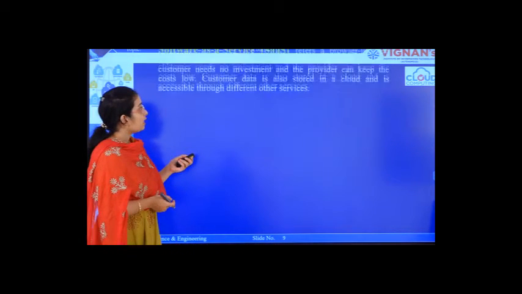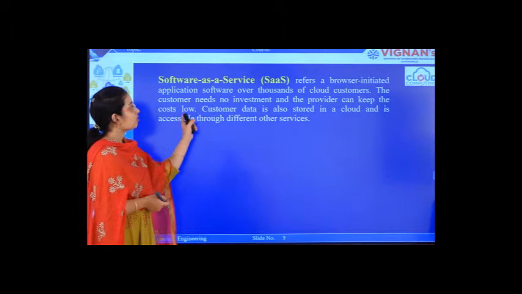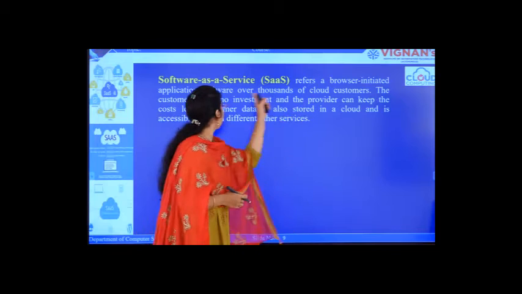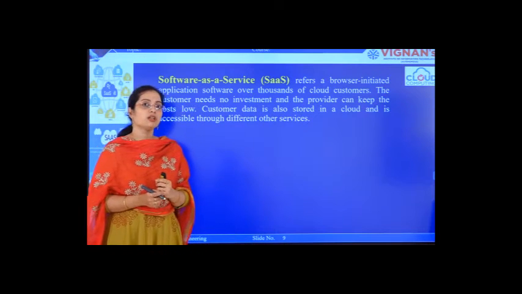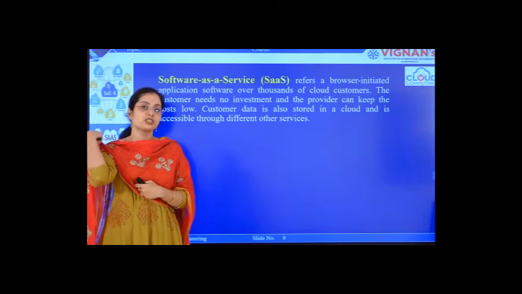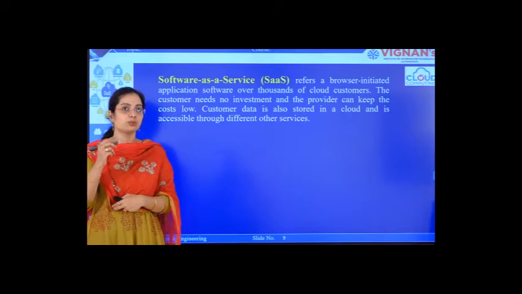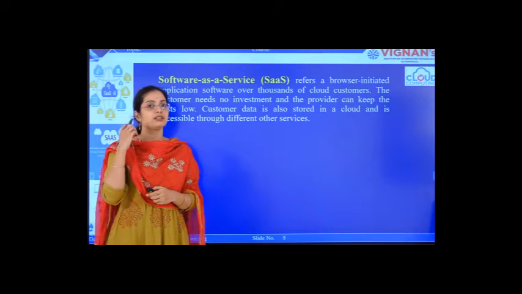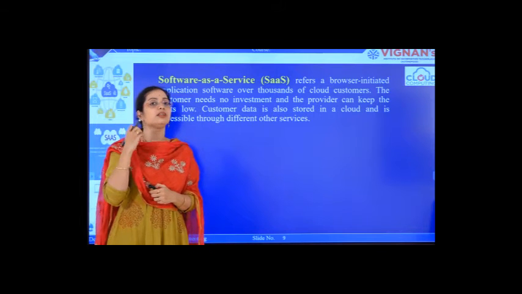Now, our last service model is software as a service. It mainly refers to browser-initiated applications, because in order to run different applications, we require different software to be leased. Maintaining and monitoring different software, storage and servers would be a difficult task.